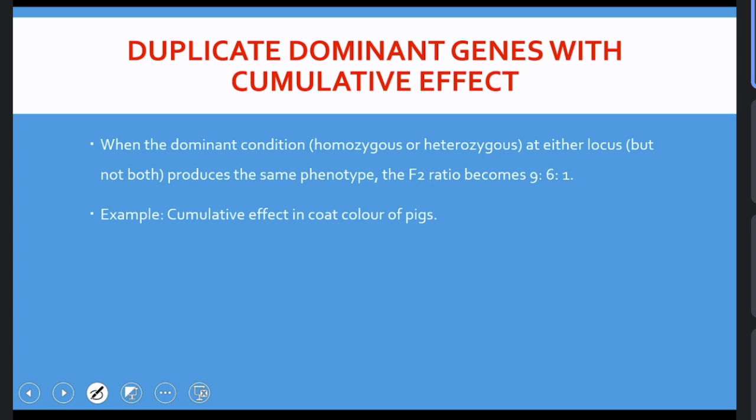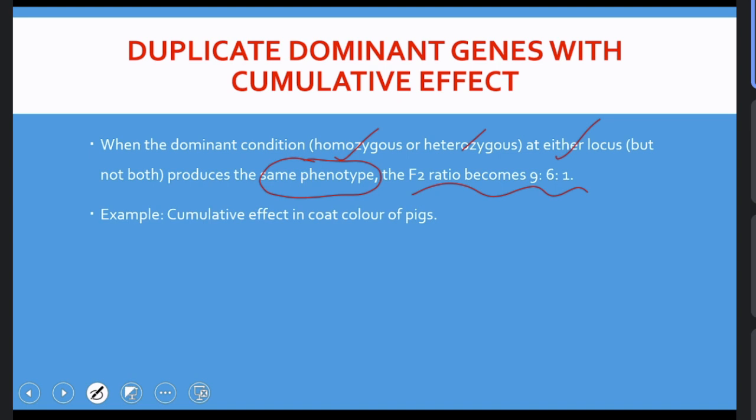And here also, the characteristic feature shows the same pattern. When the dominant condition, homozygous or heterozygous, at either locus, but not both, produces the same phenotype, the F2 ratio becomes 9 is to 6 is to 1.